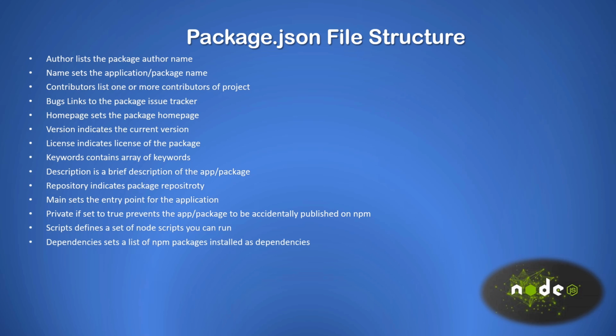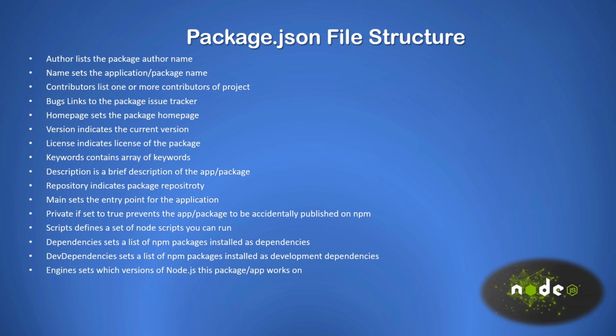So next is dependencies. As the name says, these are the list of npm packages installed as a dependency. And devDependencies is again a list of npm packages, which are needed for development. Next is engines, which says which versions of Node.js this package or app works on.